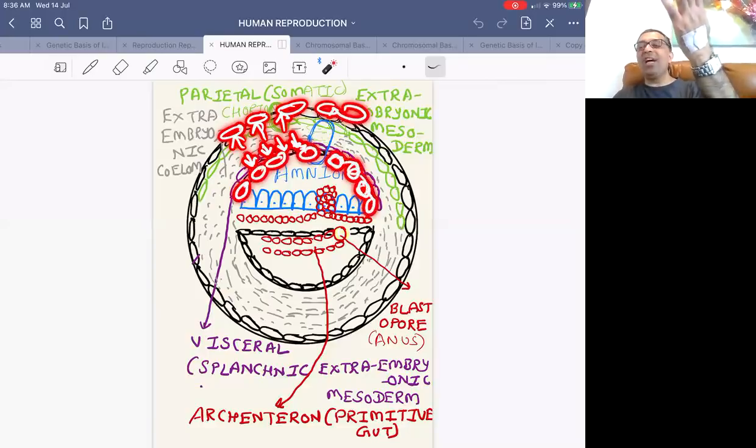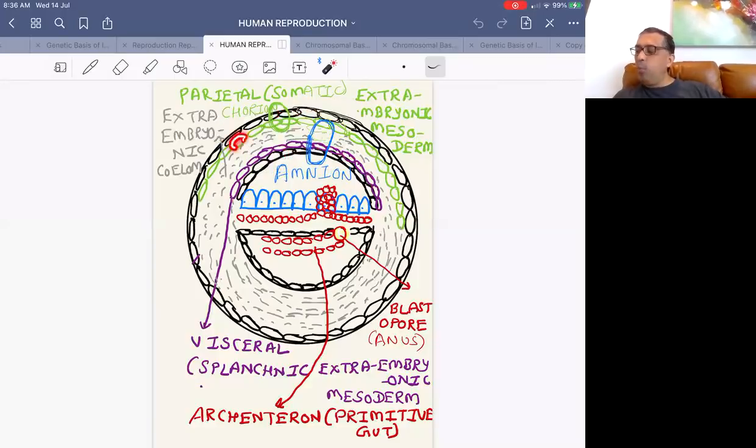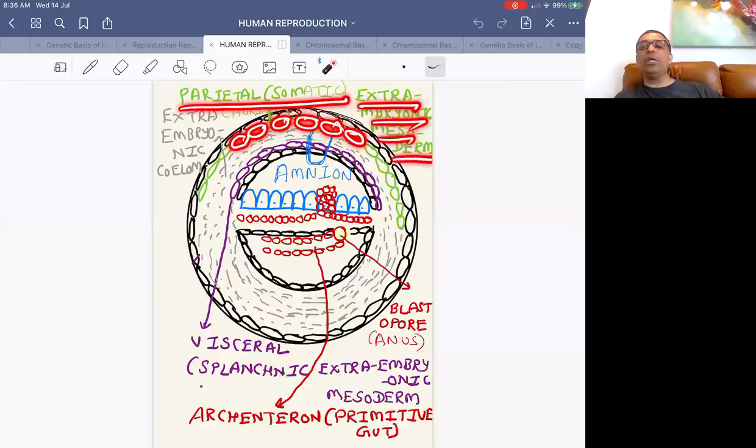तो कुछ ऊपर जाते हैं, कुछ नीचे जाते हैं, and the cells which go upwards form a layer which is called as the parietal or somatic extra embryonic mesoderm. तो ऊपर वाली लेयर कौन सी बनती है बेटा?